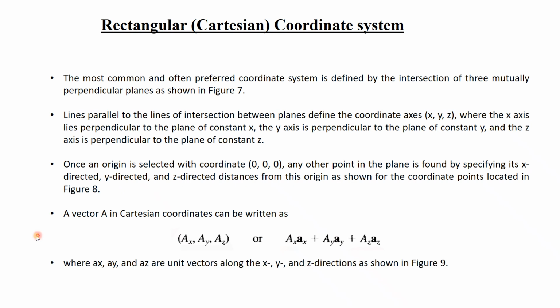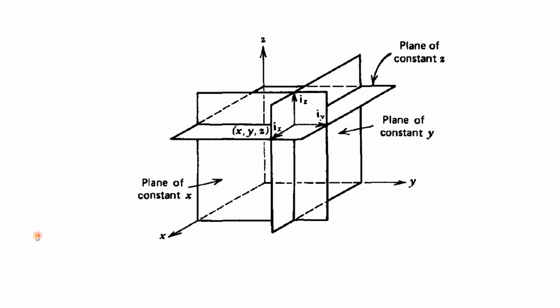So I will just show you this particular picture which I have shown you before. First of all, concentrate on the axes, x, y, z. This is the x axis, this is the y axis, and this is the z axis.